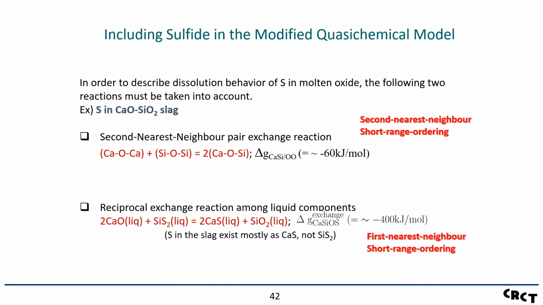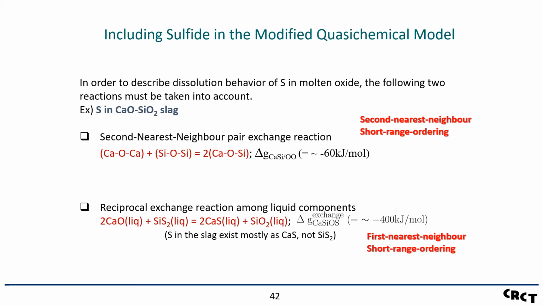Okay, so now I want to extend the modified quasichemical model to include sulfide. In order to describe the dissolution behavior of sulfide, we have to consider the second nearest neighbor exchange reaction, which we just talked about. This is nothing to do with sulfur. This is just the calcium-silicon bridge breaking, in which we have a negative Gibbs energy, but this has been optimized. Second nearest neighbor short-range ordering is already optimized in the Oxide database.